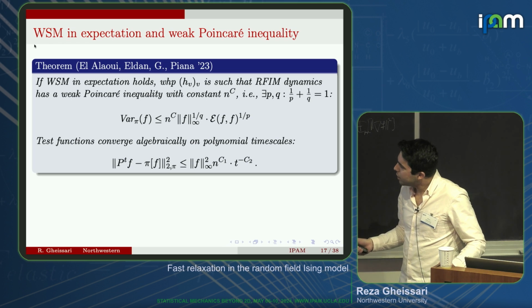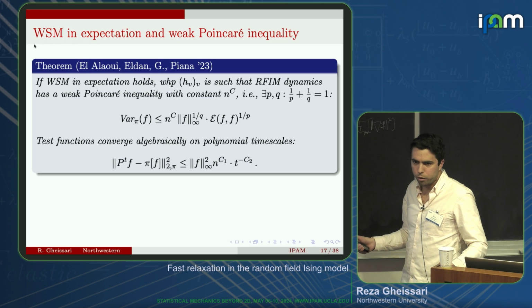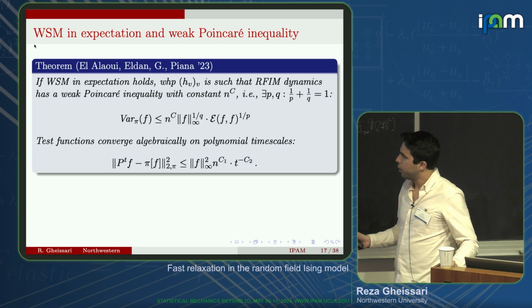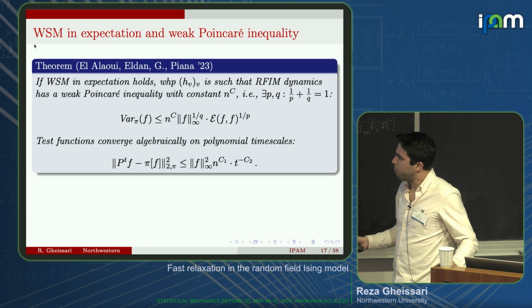The distinction is instead of having variance at most a polynomial times the Dirichlet form, I have a Hölder type bound: the variance is at most n to the c, something like the L infinity norm of the test function raised to some fractional power, times the Dirichlet form to some other fractional power. Okay, so this might not mean anything.